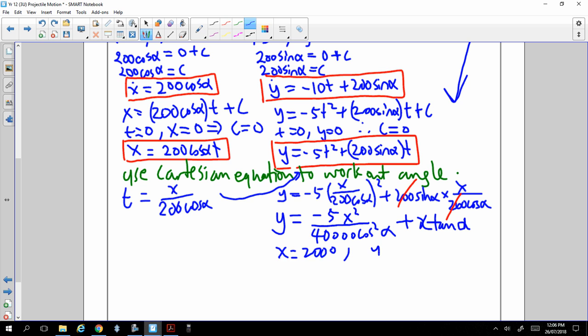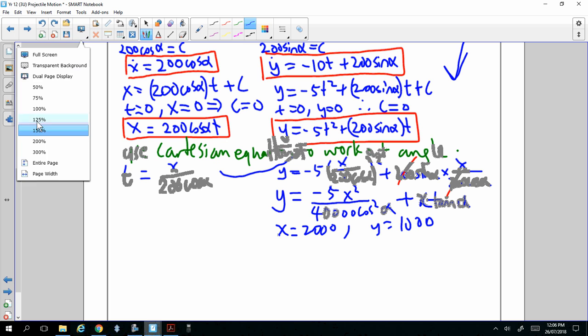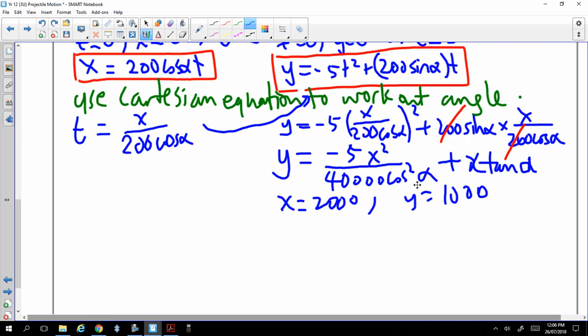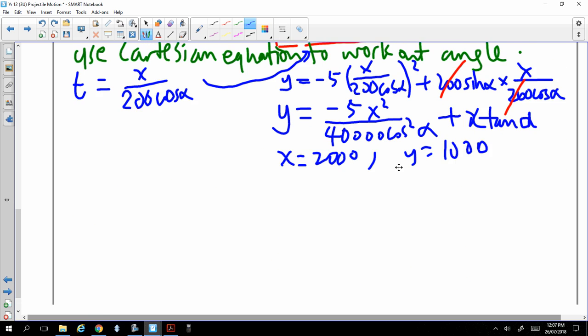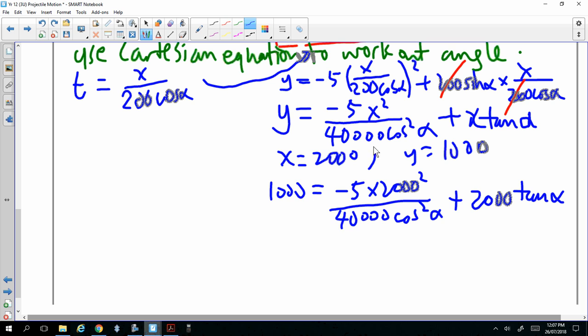Okay, substituting there you get an equation of alpha only. So we get 1,000 equal to negative 5 times 2,000 squared over 40,000 cos square alpha plus 2,000 tan alpha. I substituted x into there and then y into there.